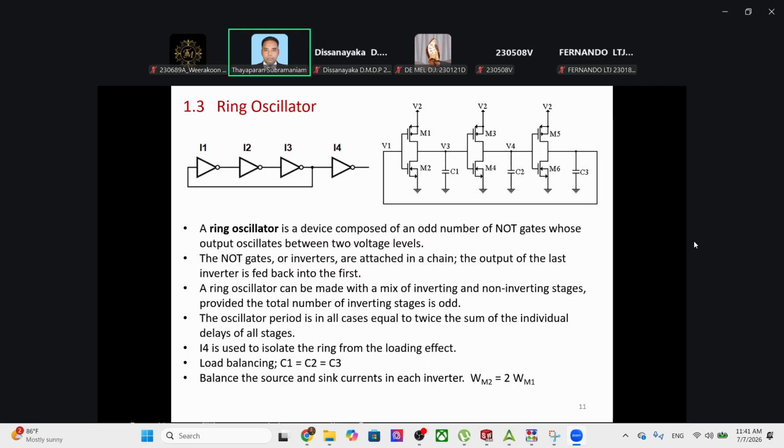Why do we talk about the ring oscillator? Because this is something you can implement in silicon IC. If you have interest in fabricating some silicon ICs, I can guide you.